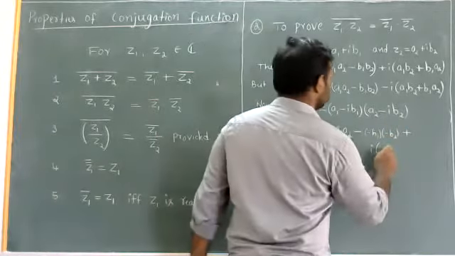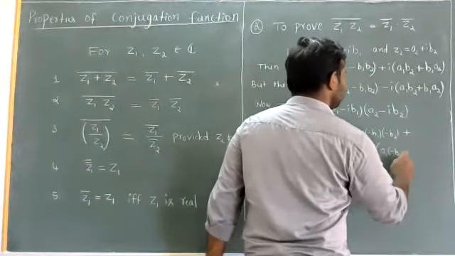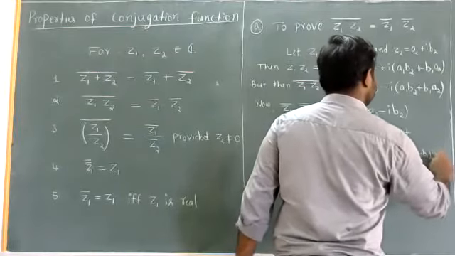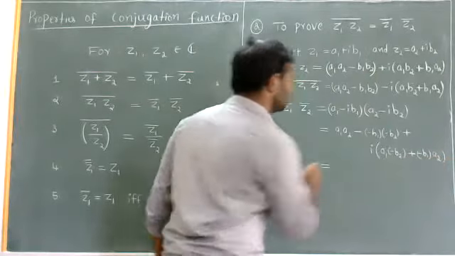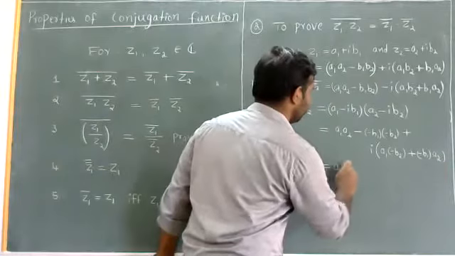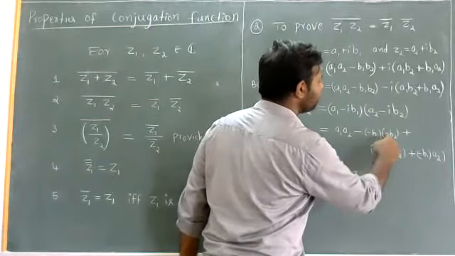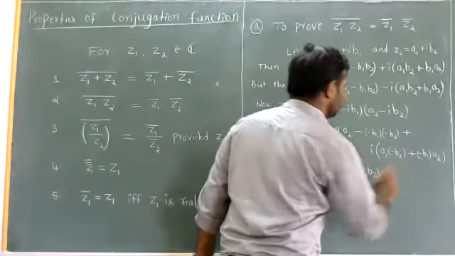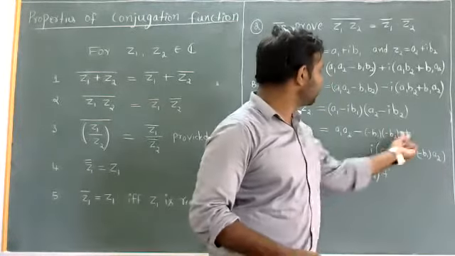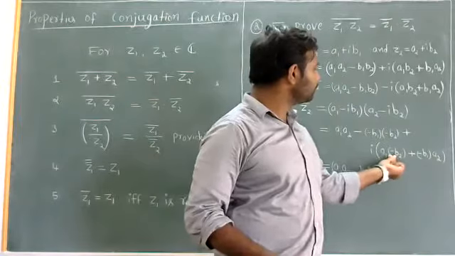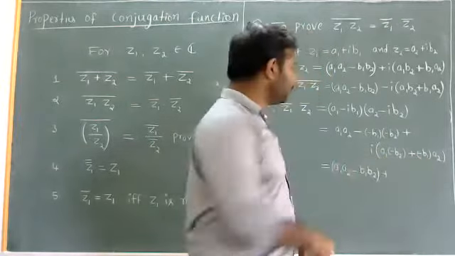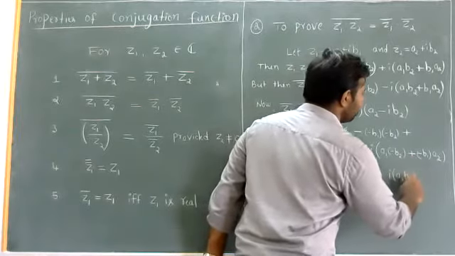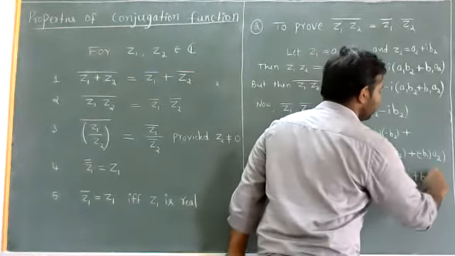That is A1 into minus B2 plus minus B1 into A2. And what is this? A1A2 minus minus plus, so just B1B2, plus i into, here also minus, here also minus. I can take minus common. So minus i into (A1B2 plus B1A2).